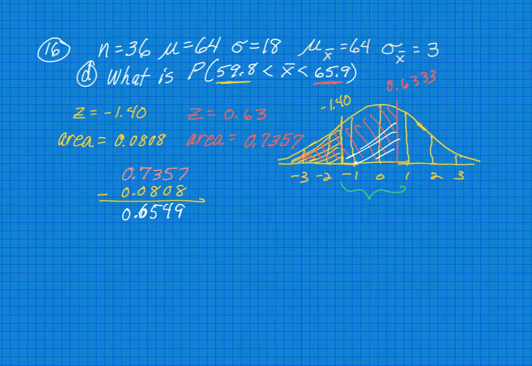That is the area between the two z-scores. And that is the probability that your sample mean will be between 59.8 and 65.9. Also, you could express that as 65.49% probability that the mean of your sample will be between the two given numbers.